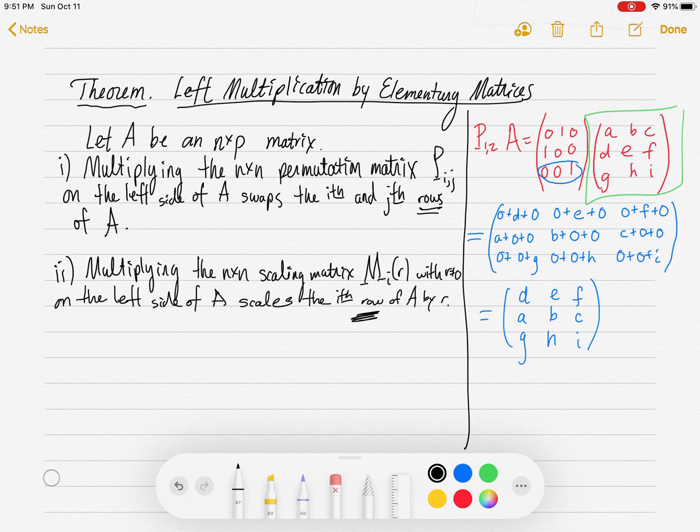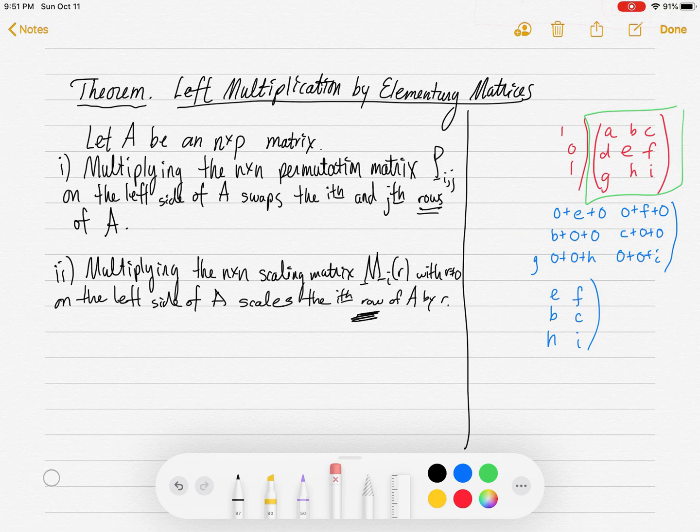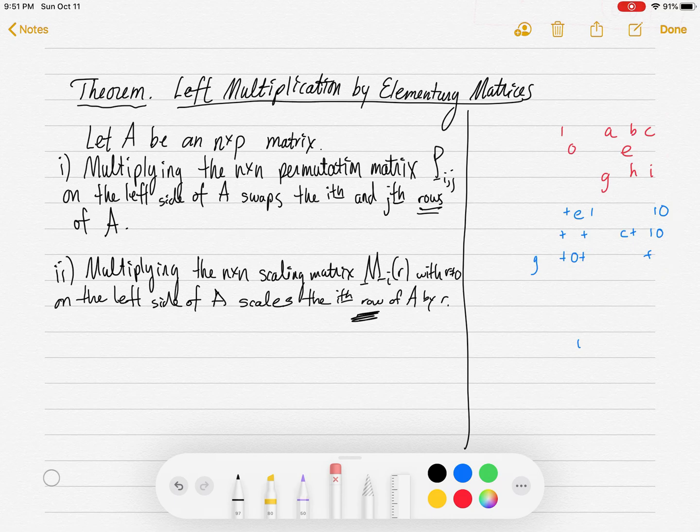So basically you just multiply the ith row of A, the row, not the column, by r.